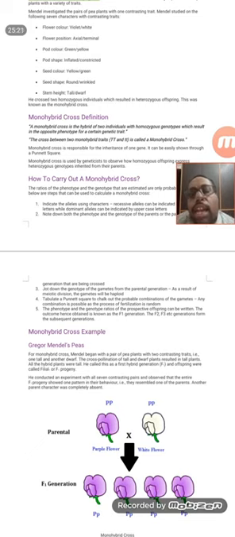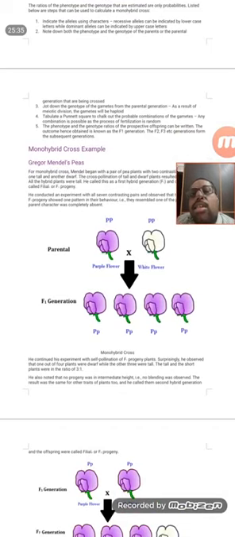For his single character, as per the textbook, he chose tall and dwarf. That means he chose the height of the plant, and here I have given the color of the flower. Both are the same, the result will be the same.